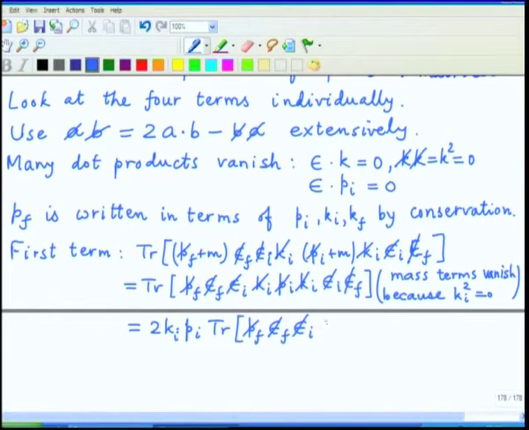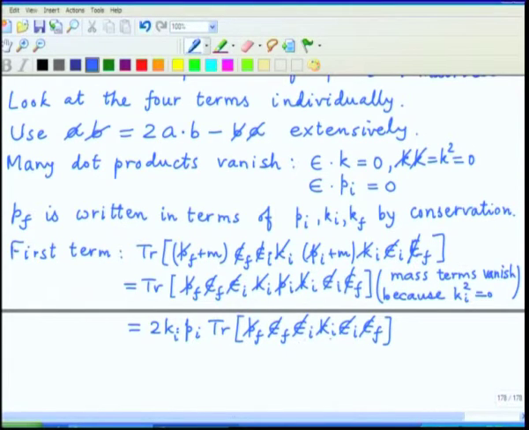This has gone through already, and then whatever is remaining: 1 k I slash is still there, epsilon I slash epsilon f slash. So, now we have a product of 6 gamma matrices. Again, we can reduce it further by noting that this epsilon and k together have a 0 dot product.